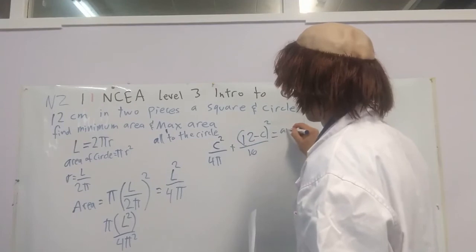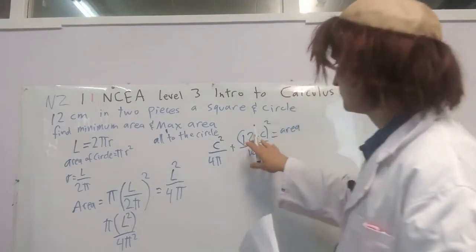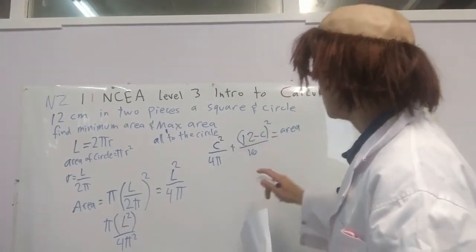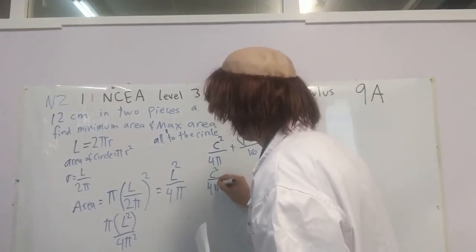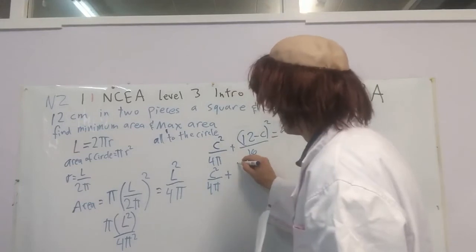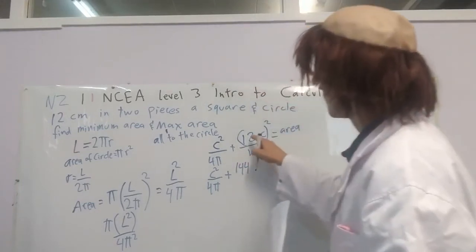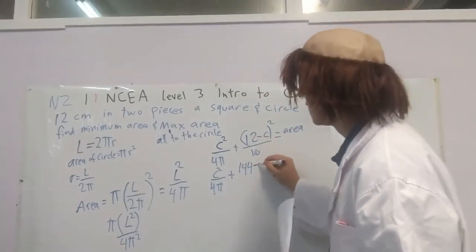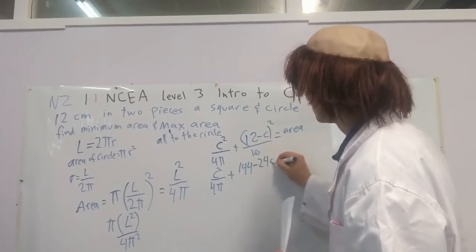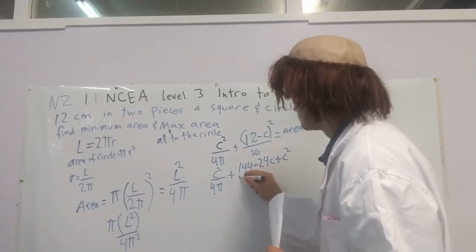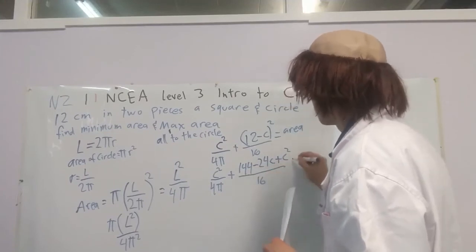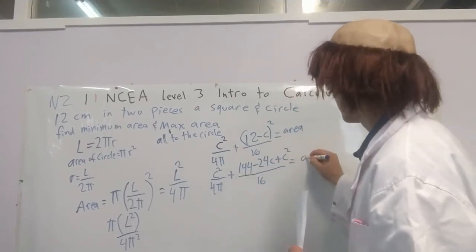This equals our area. Now we'll distribute this 12 minus C squared. So we'll get C squared over 4 pi plus 144, 12 squared, minus 24C plus C squared divided by 16, and this is the total area.